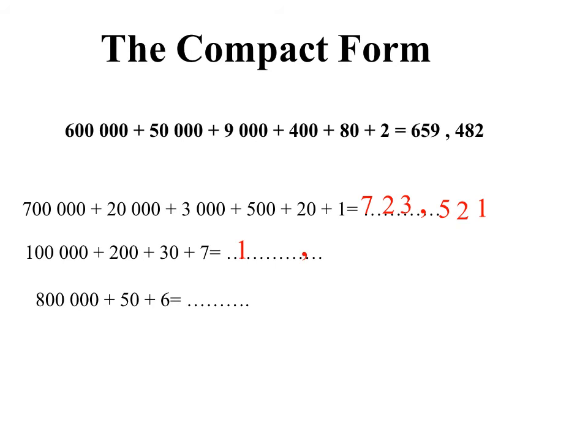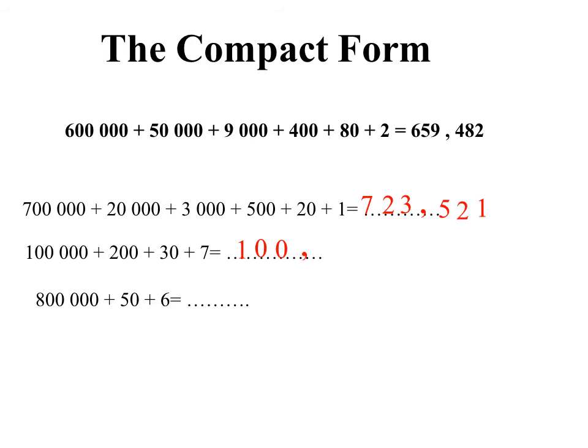Then is there any number we can put in the 10,000 place? No, so we have to put 0 to save the place. Then is there any number to put in the 1,000 place? No, so we'll put another 0. Then go to the next family.